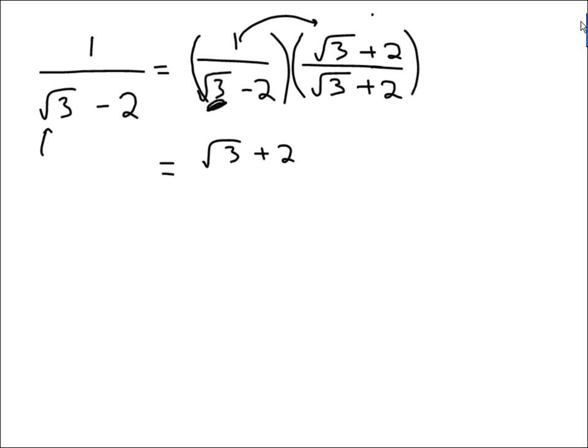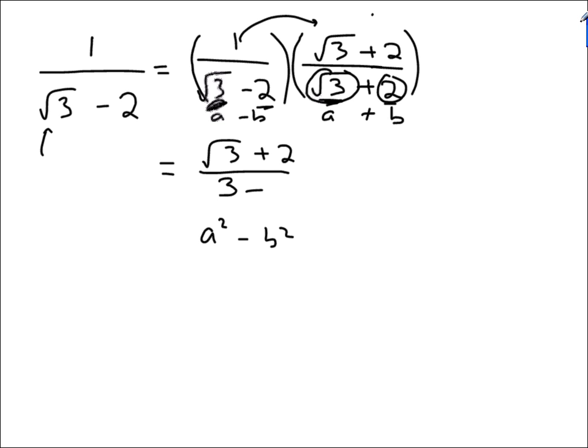Now, if I consider square root of 3 as A and 2 as B, this here is A minus B. But that's also A. Square root of 3 is A. And 2 is B. That's A plus B. A minus B times A plus B is A squared minus B squared. But if this is A, then that's A squared. Minus, if that's B, well then that's B squared.